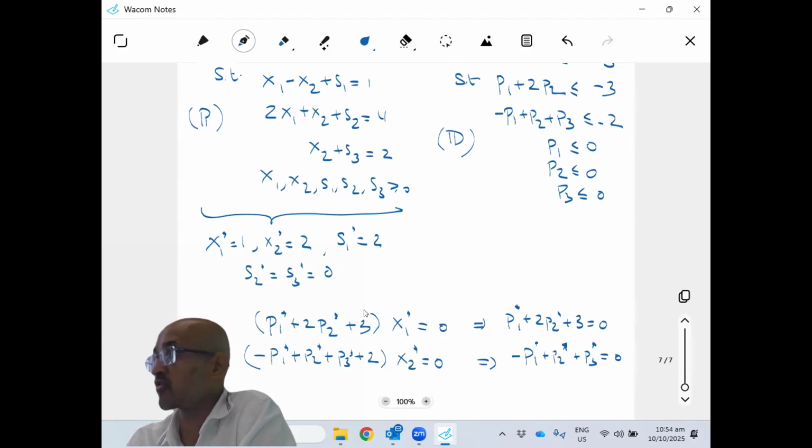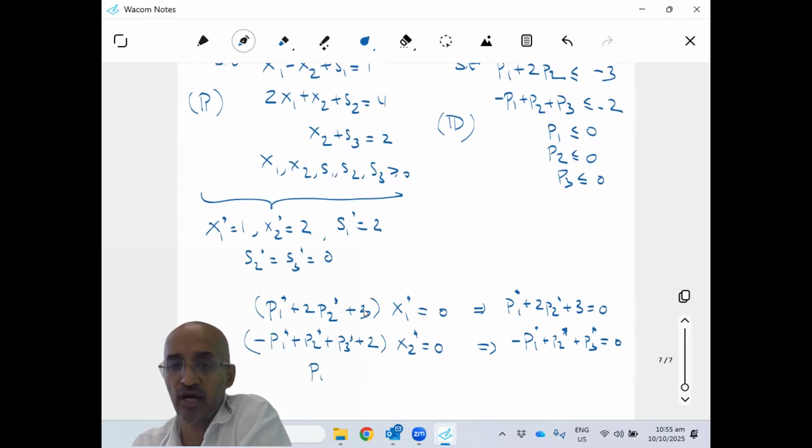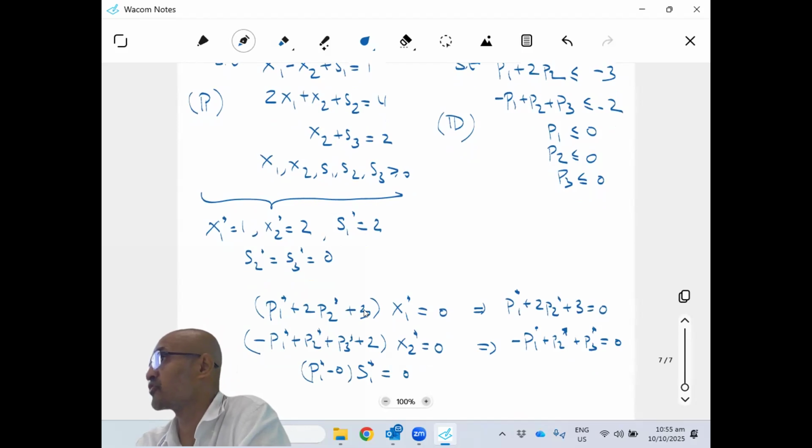S1 corresponds to this constraint. So P1 star minus 0 times S1 star should be equal to 0. But S1 star is positive, which means P1 star has to be 0.